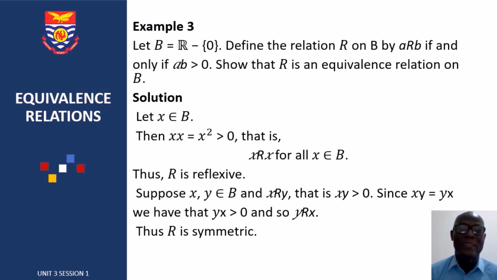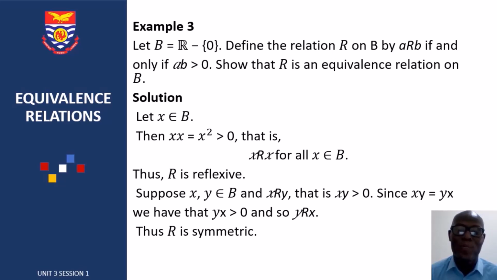Now, to show that the relation is symmetric, we take X, Y to belong to B. And our X is relating to Y, which means that X takes the place of A, Y takes the place of B, which gives XY greater than 0.